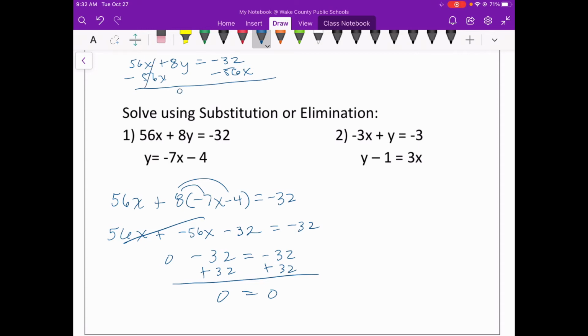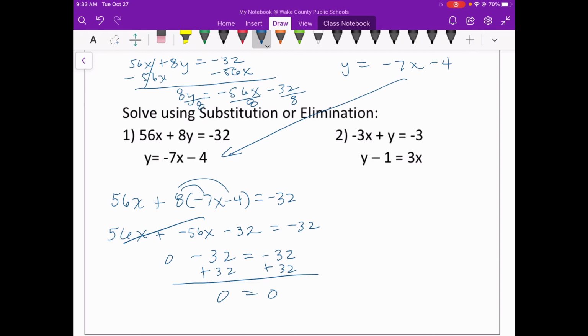Those cancel. I've got 8y is equal to negative 56x minus 32. And then I'm just going to divide everything by 8 in order to get y by itself. y is equal to negative 7x minus 4. And that is the exact same equation as that one there.